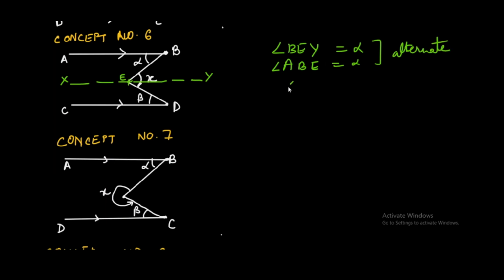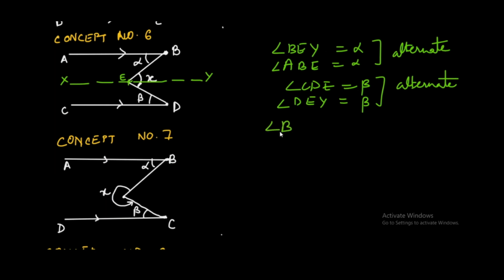Similarly, angle CBE is beta, so angle DEY would also be beta because of alternate angles. Adding both, this angle is alpha, this angle is beta. Adding alpha plus beta, you would get the value of x. So alpha plus beta equals x. This is concept number 6.